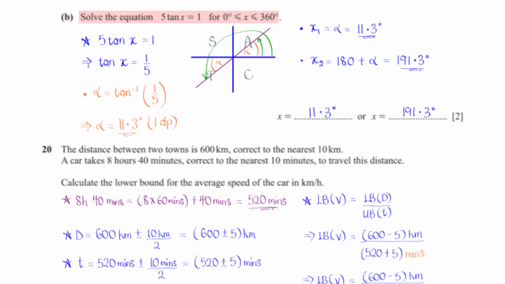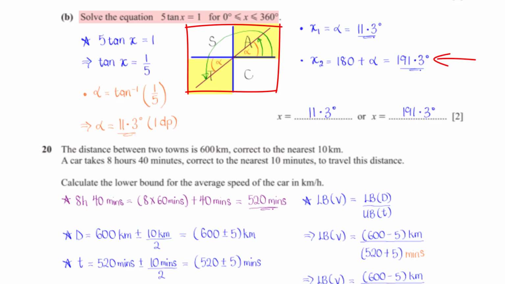So to get the full range of solutions for the equation, we draw the quadrants. Since tan x is equal to 1/5 and 1/5 is positive, we draw our lines in the A quadrant and the T quadrant. The value of alpha that we have found is the value from the horizontal axis to the lines that we've drawn. And so when we go around the quadrants, the first value of x we have is equal to alpha, and that is 11.3 degrees.